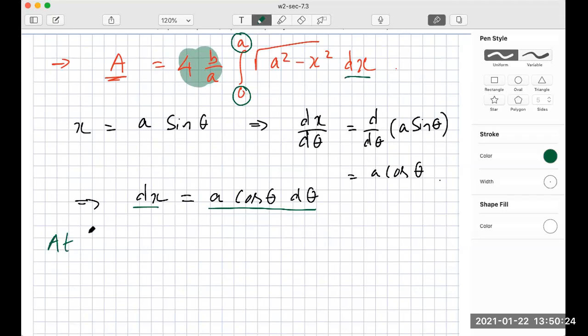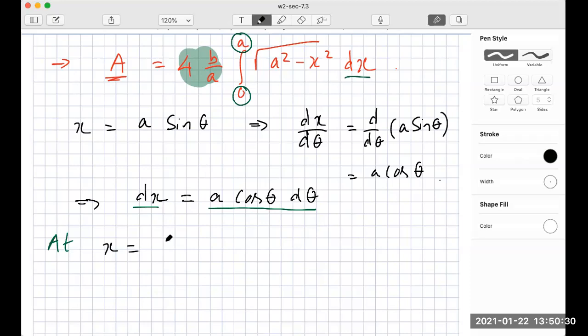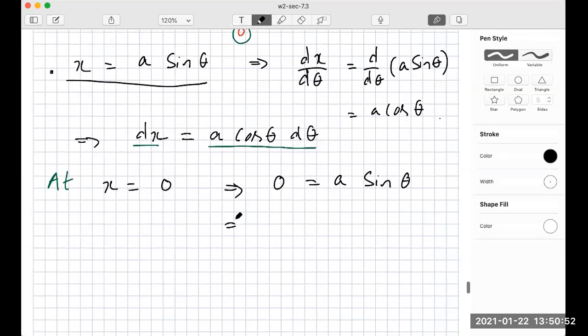So at x equal to 0, we substitute into this relation we defined here. It will be 0 is equal to a sine of theta. Therefore, sine theta will be simply 0.